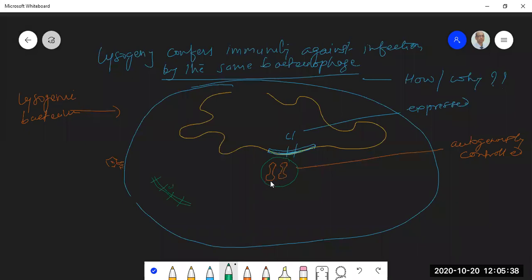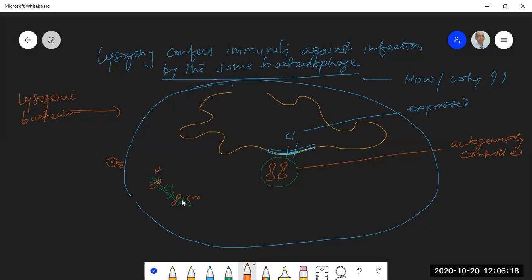So these repressor proteins will immediately go and occupy those operator regions here, because they are already there. As soon as the new bacteriophage DNA comes into the bacterial cell, these repressor proteins go and occupy those operators, preventing the host RNA polymerase from binding to these promoters for cro and N. So you have cro on this side, you have N on this side. Those genes will never be able to get expressed.